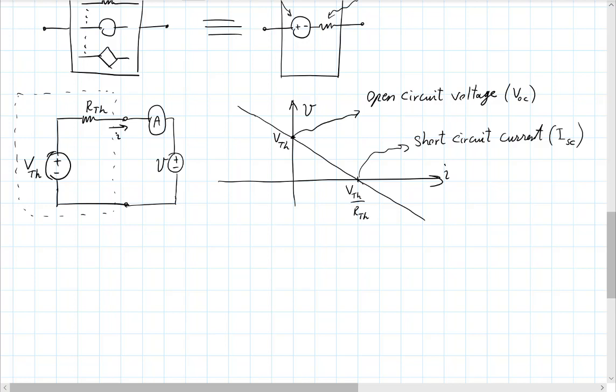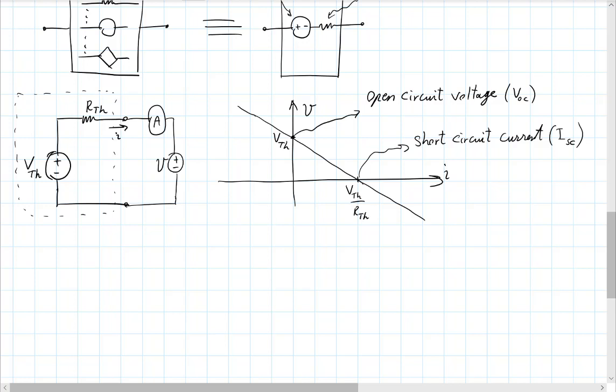For instance, if you look at photocells, photovoltaic cells, solar cells, you will see this kind of terminology. So in electronic devices in general, you will see a lot of usage of open circuit voltage or short circuit current. Okay. So our open circuit voltage is simply this V Thevenin, and our short circuit current is V Thevenin by R Thevenin.